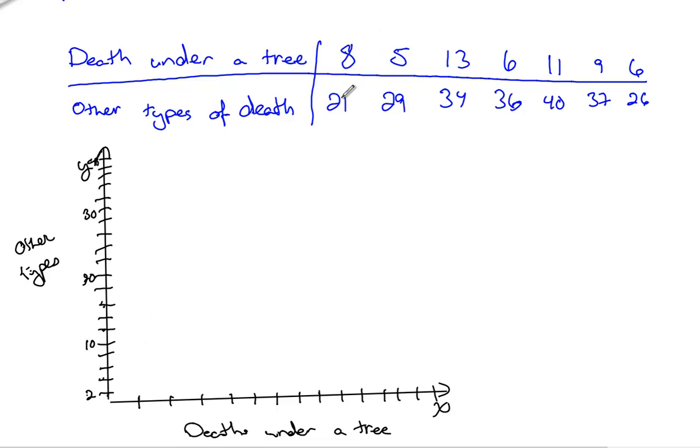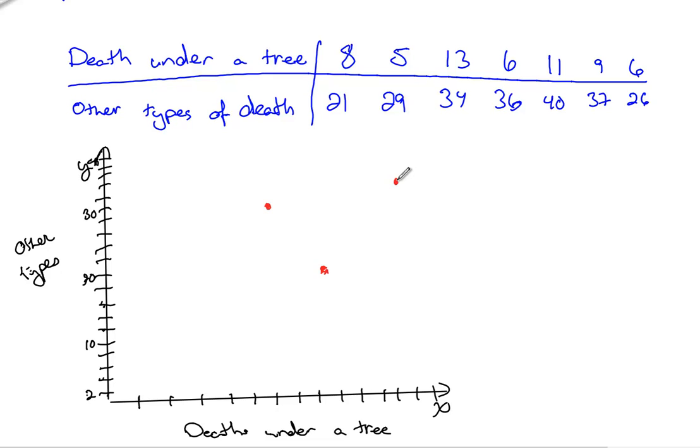So our first point is at 8, 21. So I'm going to come over to 8: 2, 3, 4, 5, 6, 7, 8. And then I'm going to go up to about where 21 is. This would be much easier on graph paper. Then 5 and 29. And so I'm going to come up to about right here. 13 and 34.